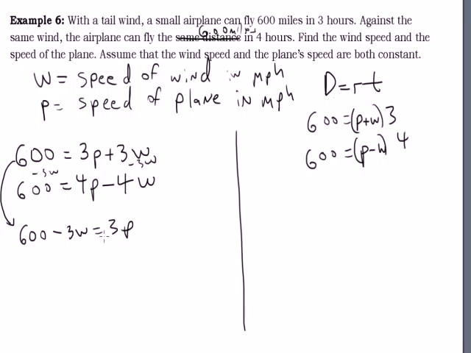Now I still have that 3 with the p that I want to get rid of, so I'll divide both sides by 3. That's equivalent to writing 600 over 3 minus 3w over 3 equals, on the right hand side I'm left with just p, which is 200 minus w equals p. And that's the correct solution for p from this first equation.